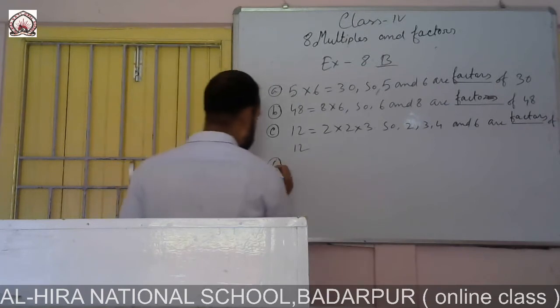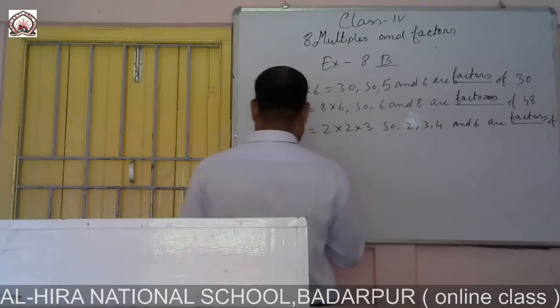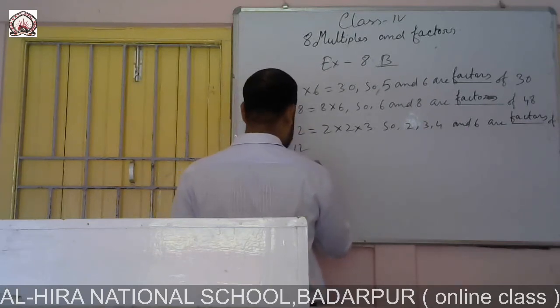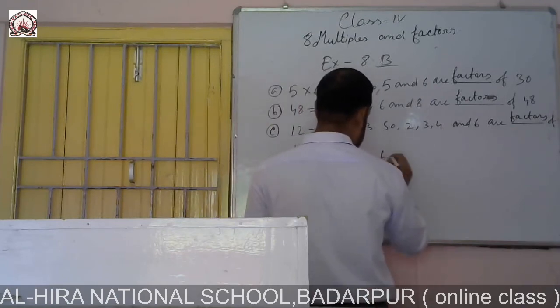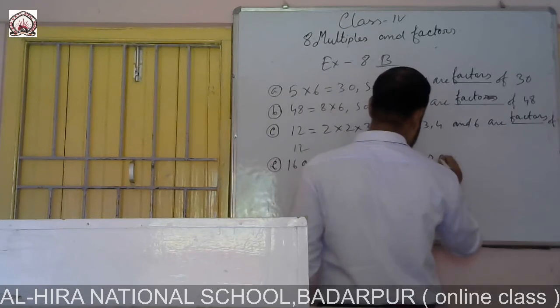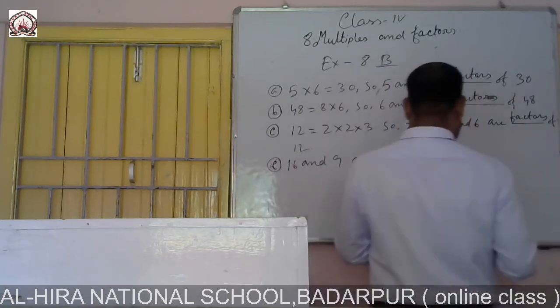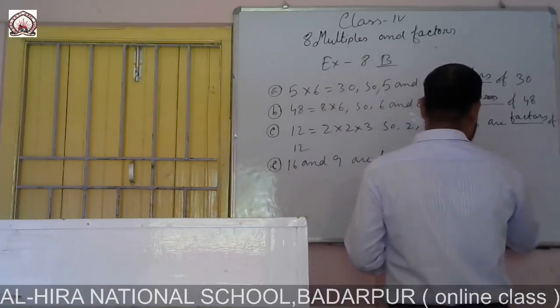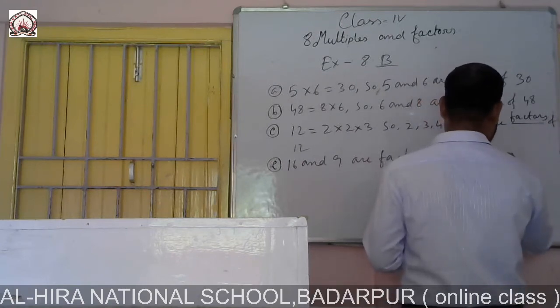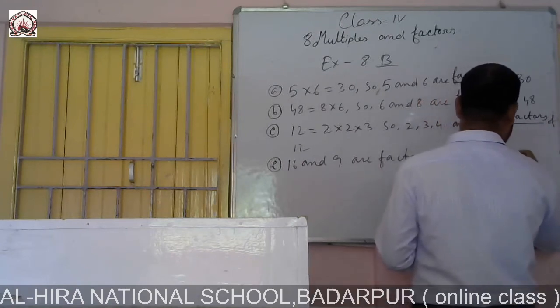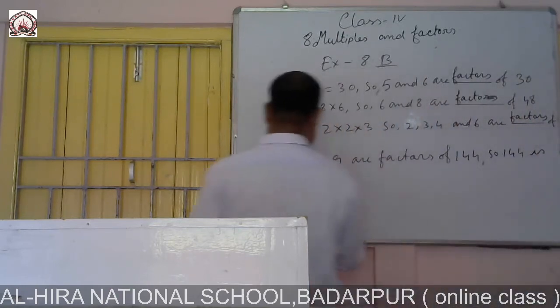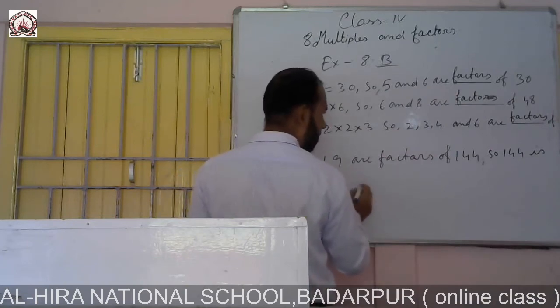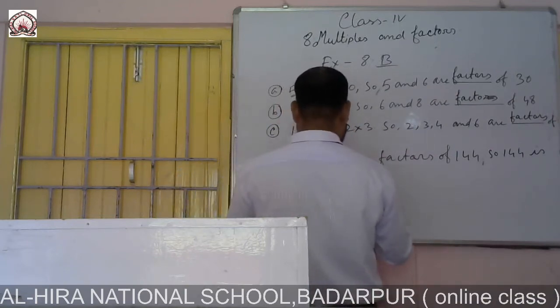Question number E. 16 and 9 are the factors of 144. So 144 is the multiple of 16 and 9.